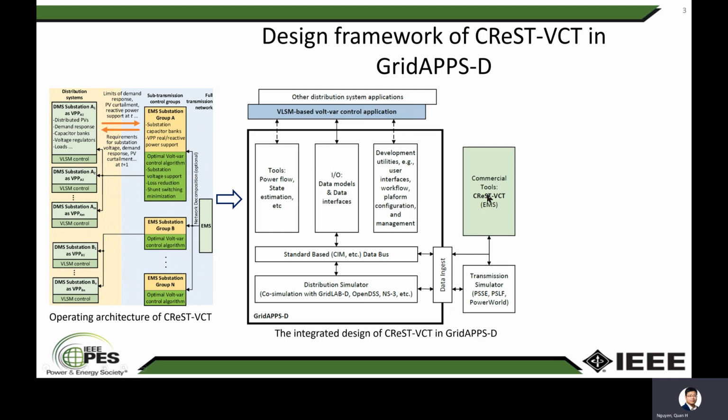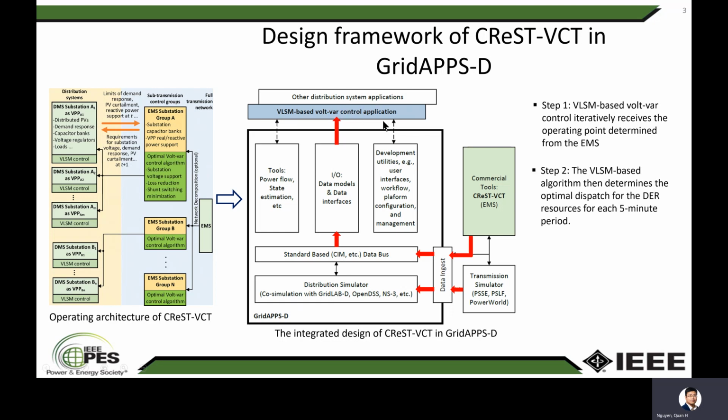Now I'm going to talk about how this Volt-VAR control tool in DMS can coordinate with the transmission part of CReST-VCT installed in EMS. So every 5 minutes, this transmission part of CReST-VCT will send an operating point for the distribution system through these communication blocks to the Volt-VAR control application. In the second step, this application will solve its own optimization problem and determine the operating point for all of the DER and other reactive power resources in distribution system.